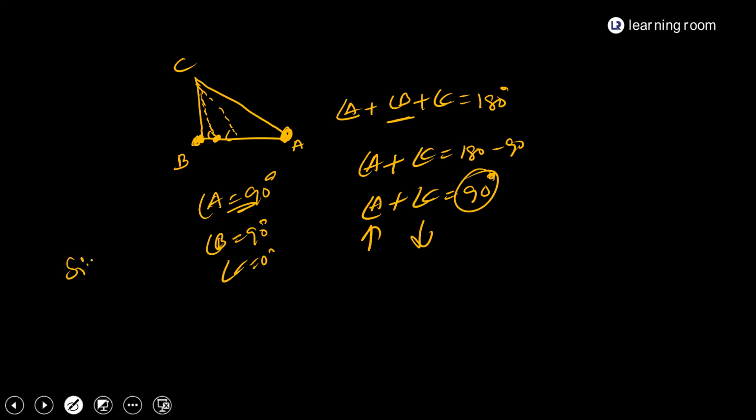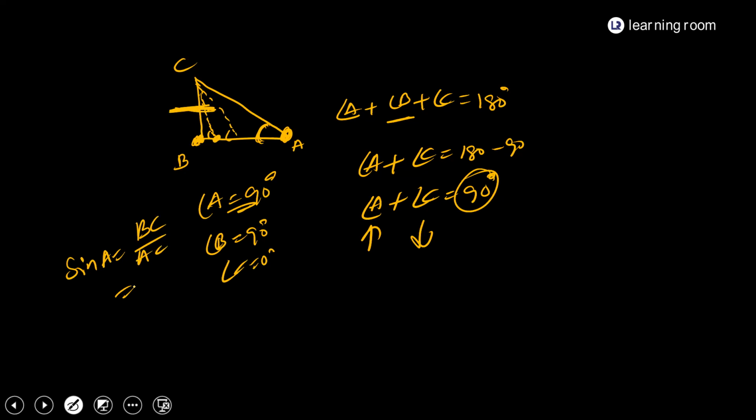Now, sin A is BC by AC. So BC equals AC.